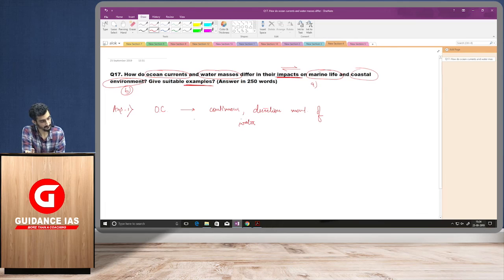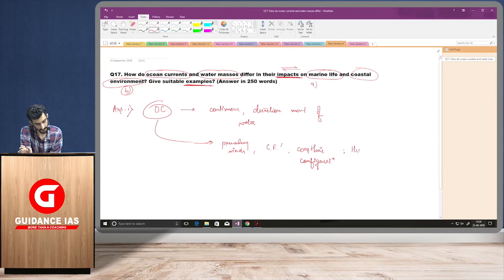Okay? And these are formed, you can just write specifically, as a result of prevailing winds, then Coriolis force, then coastline configuration, and then lastly hydraulic gradient.